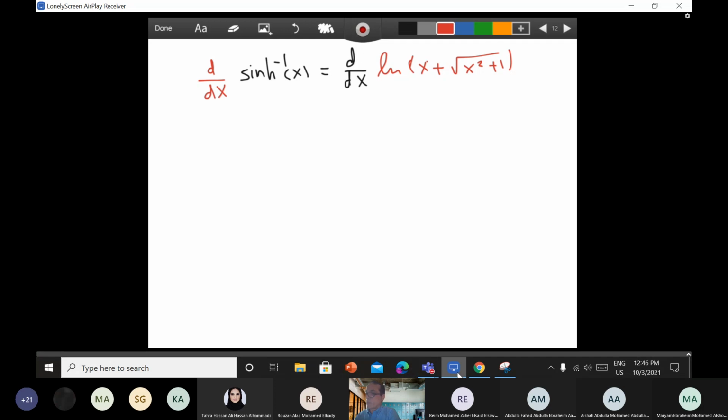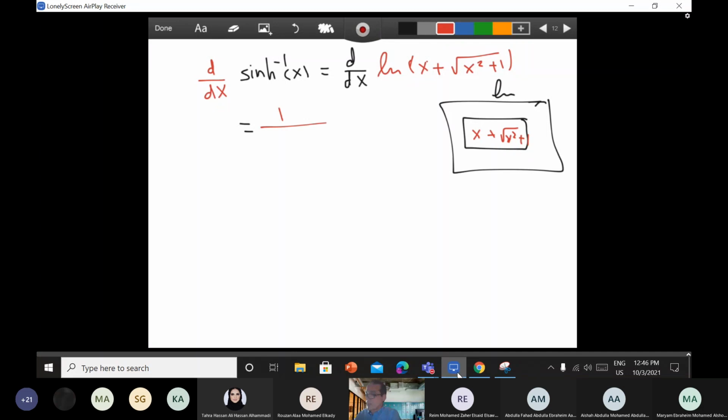It is not new stuff. I know how to find d by dx for this one. This is the implicit derivative. The big box is the ln. The smaller box inside is x plus root square of x squared plus 1. So what is the derivative of the ln? 1 over whatever is inside this one, x plus root square of x squared plus 1.